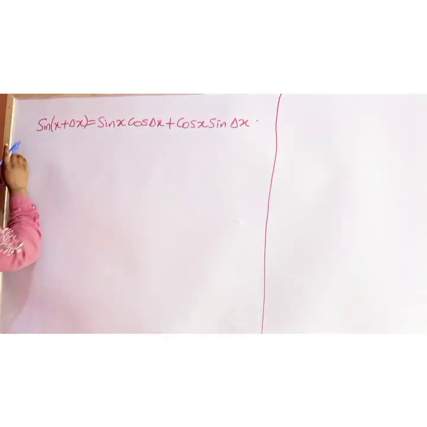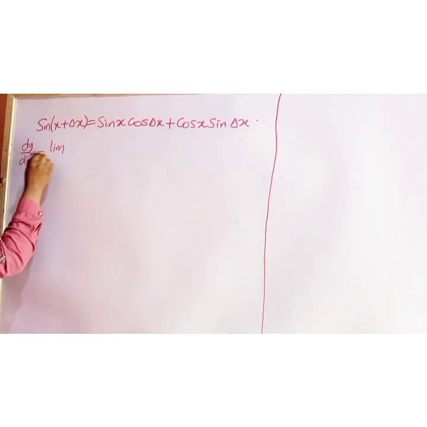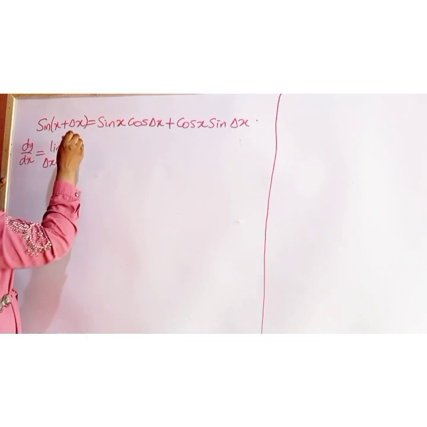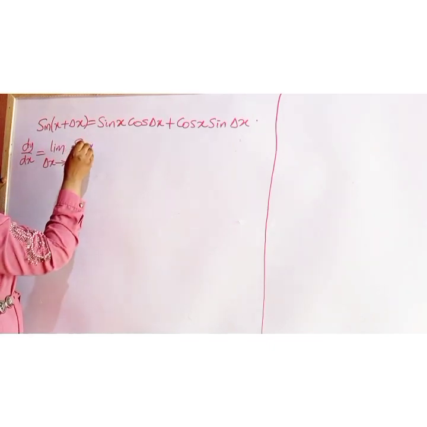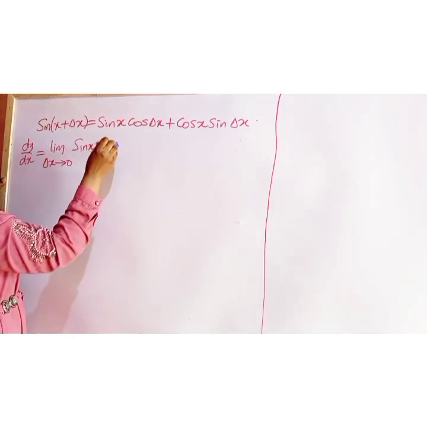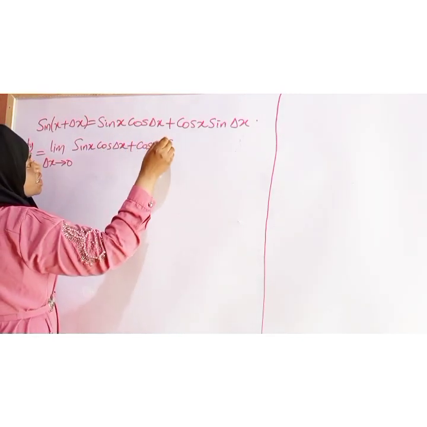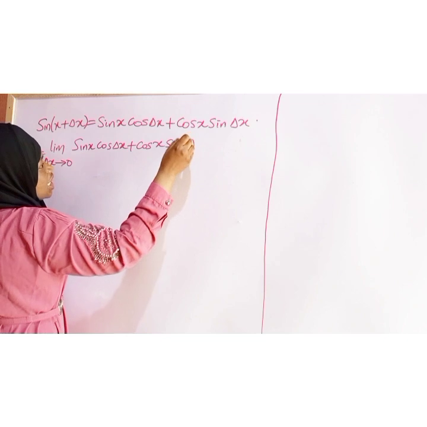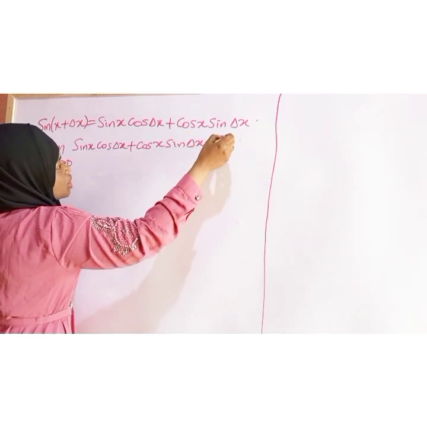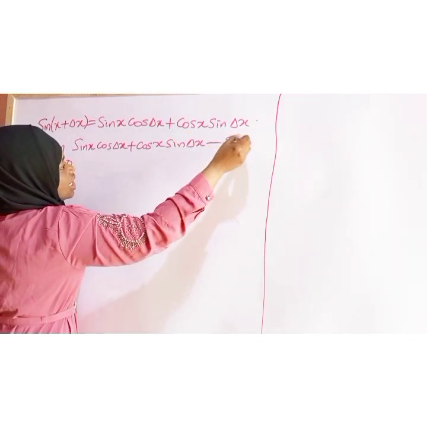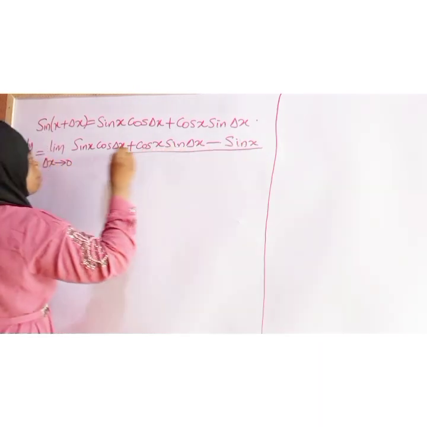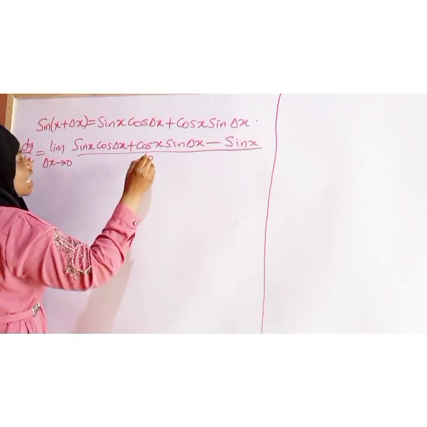So I'm going to substitute it into dy/dx, which is equal to the limit as change in x tends to 0 of sine x cos change in x plus cos x sine change in x, then minus sine x, everything divided by what? Change in x.